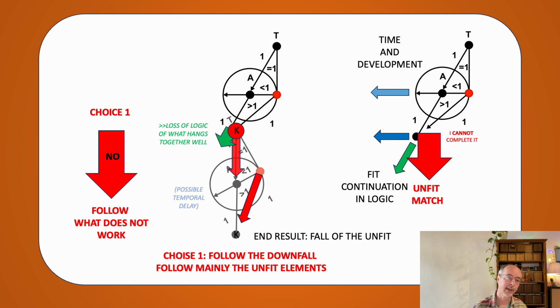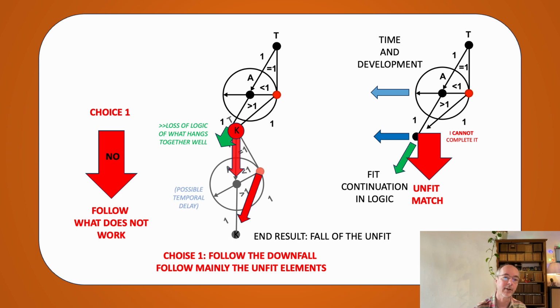I will also break there the green arrow, the logic that keeps everything hanging together, the continuation of the elements. A, T, K was in the continuation, so I prefer to go further from there.